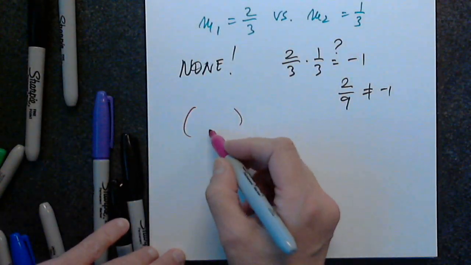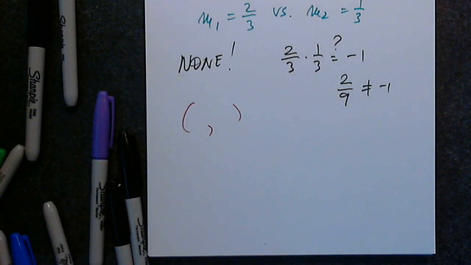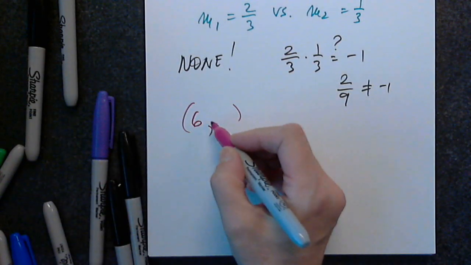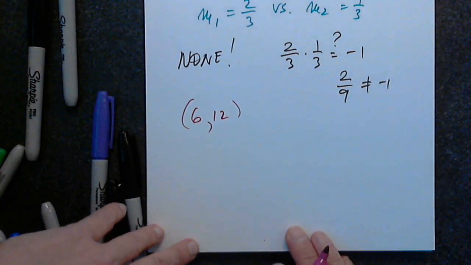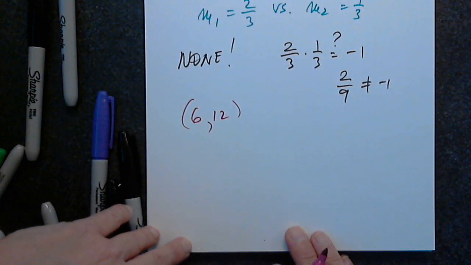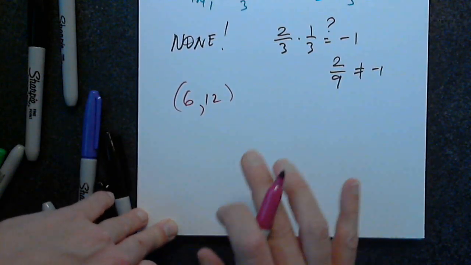Okay, so let's say we have a point. Give me a point, please, and give me an equation. Any point, any equation you want. 6 and? Okay, perfect. And any linear equation you want. We need a point and a linear equation.